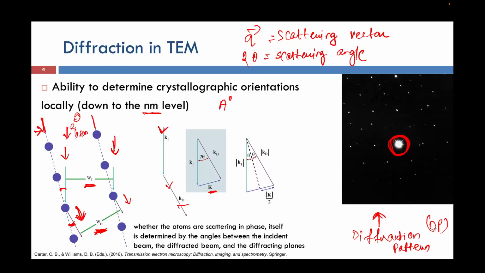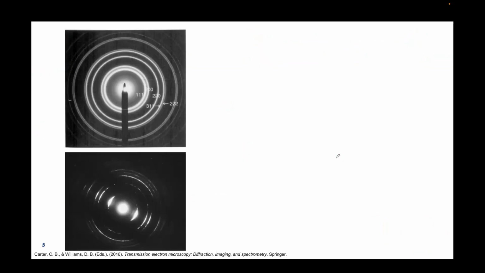Whatever sample we are putting in the TEM, it will be much bigger. So from this big sample we collect the diffraction pattern from a very small area. That is why it is called the selected area diffraction pattern, SADP, and this process is called SAED, selected area electron diffraction. So this is a typical electron diffraction pattern, right?